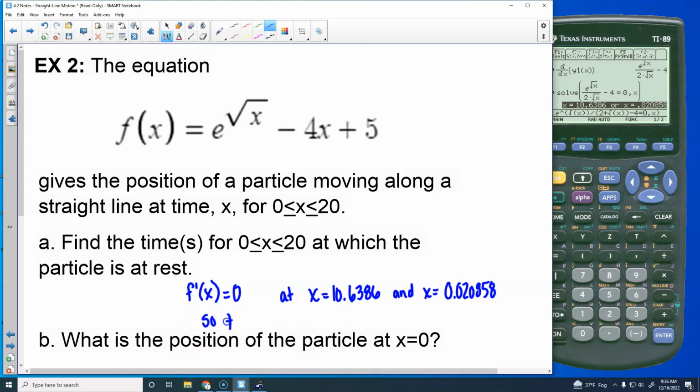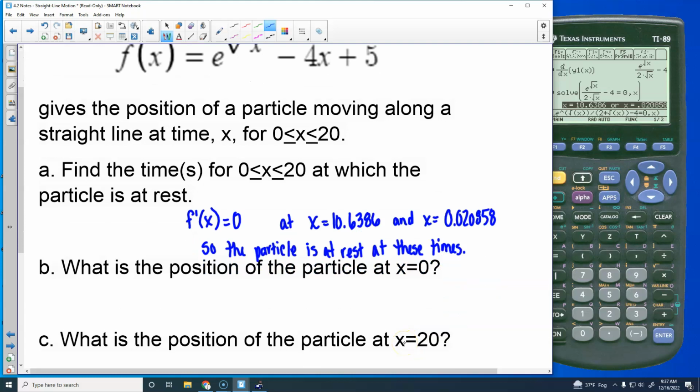So the particle is at rest at these times. Okay. Questions on that? Particle at rest, velocity needs to equal 0.